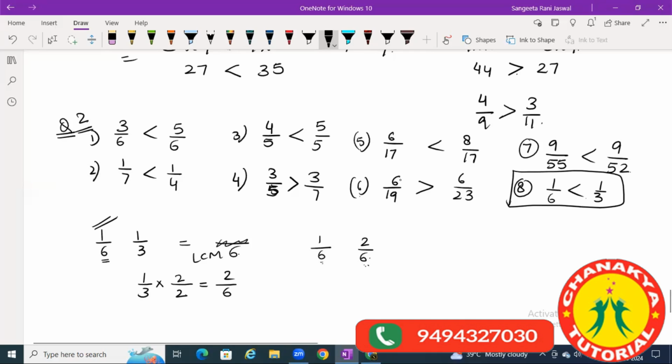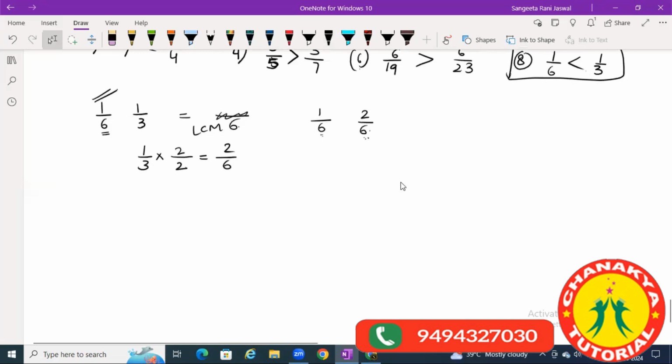Okay. Let's take more examples. This was question 8. Example number 9. 3 by 4 and 2 by 6. Which is greater? How will you do it? We will first make the denominators equal. Yes, ma'am.